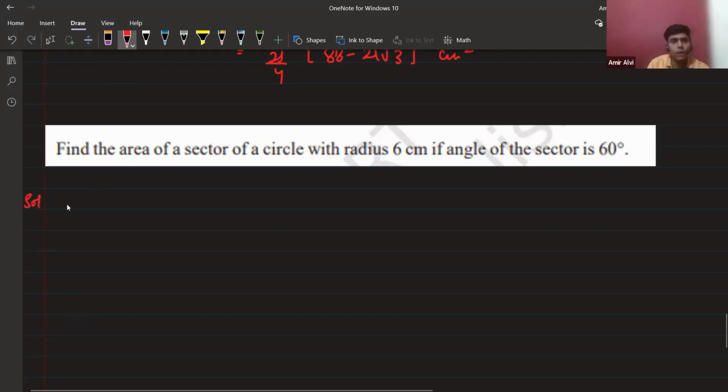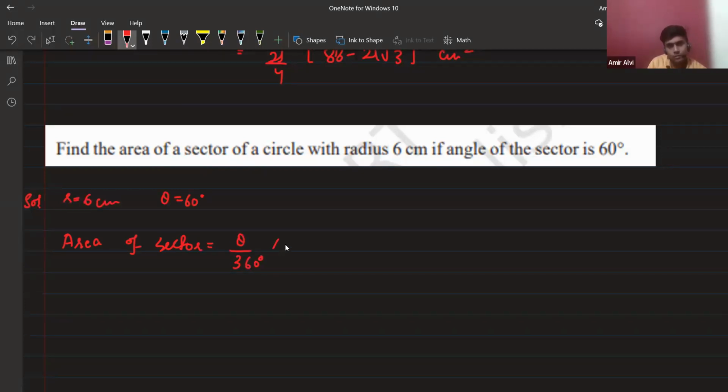132/7. Yes. So R is given as 6 centimeter. Theta is given as 60 degree. We need to calculate the area of sector. So area of sector is 60 by 360 into 22/7 into 6 into 6.